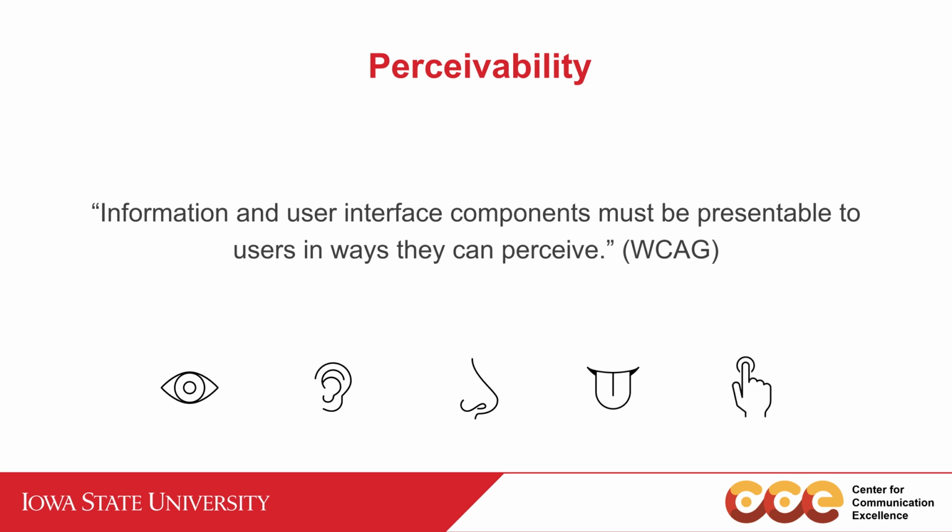Most presentations engage sight and hearing, and most papers engage sight. For perceivability, presenting your research might necessitate providing information in an alternative format for users with visual or audio impairments.